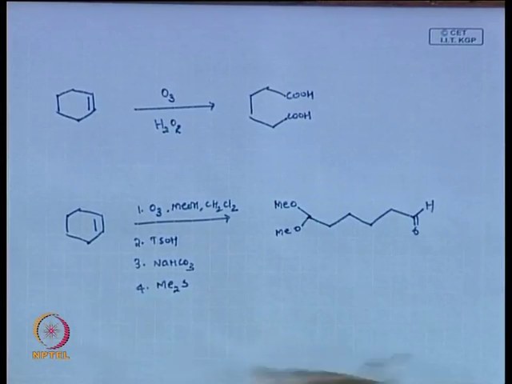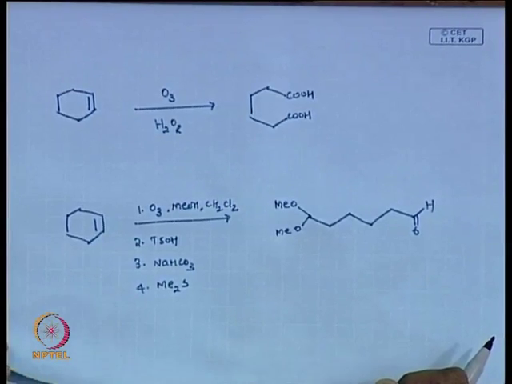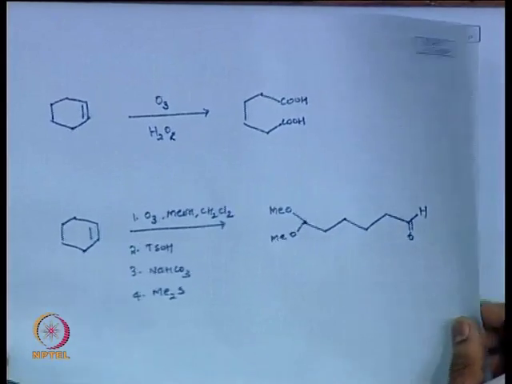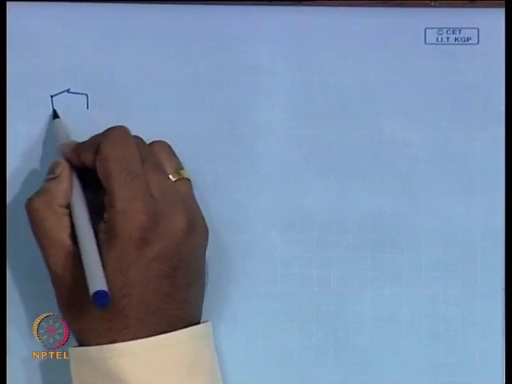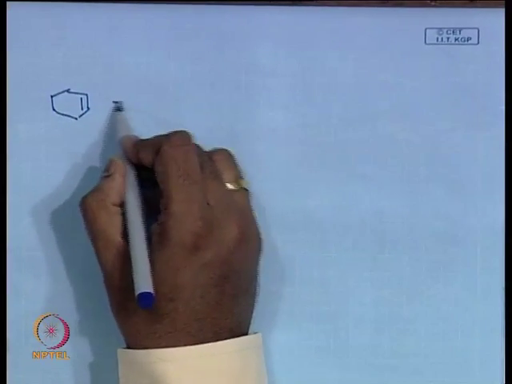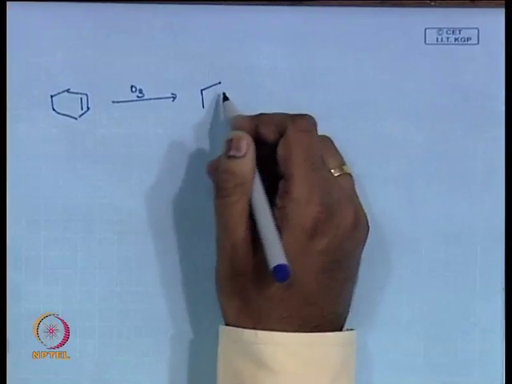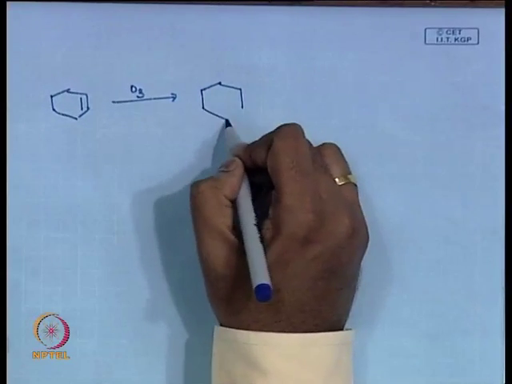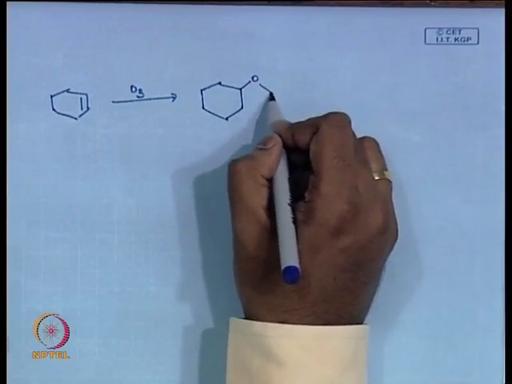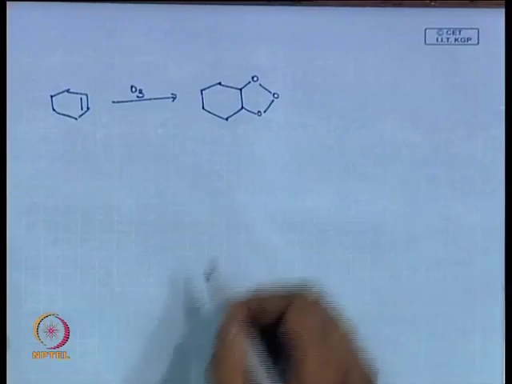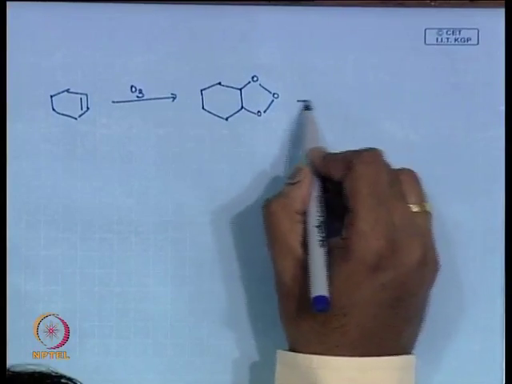So what happens in this reaction? How do you end up like this? You want to see the mechanism? It's simple. You have your system. You treat it with ozone, you get your ozonide.